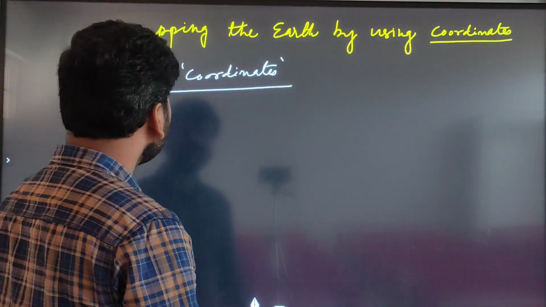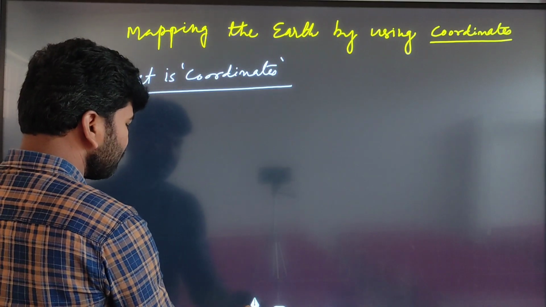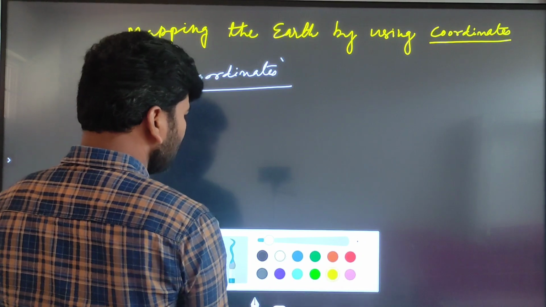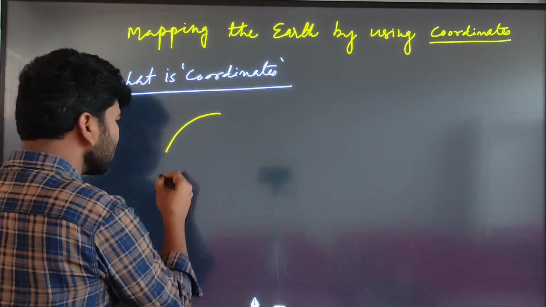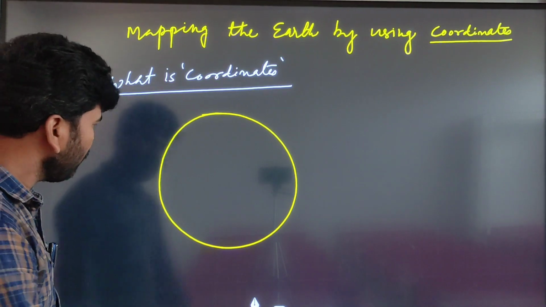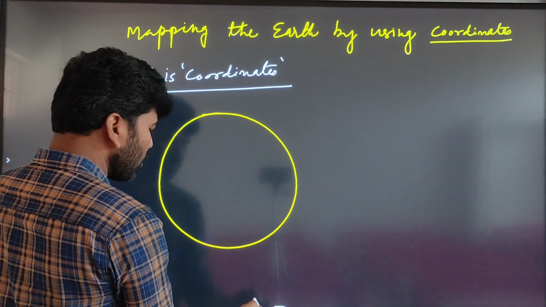In the same way, on the earth we have different coordinates. So this is the earth. On this earth we have a number of coordinates.